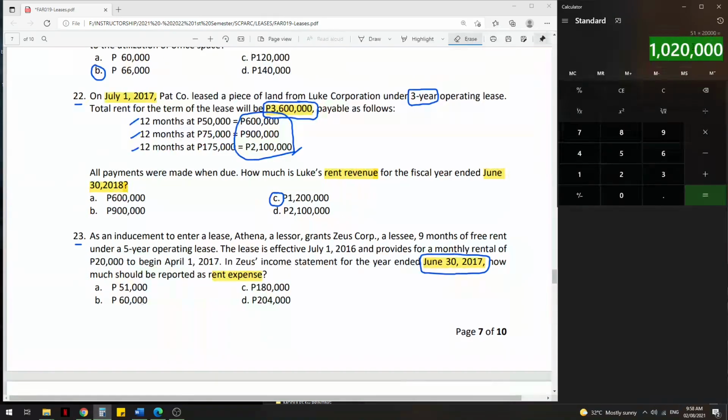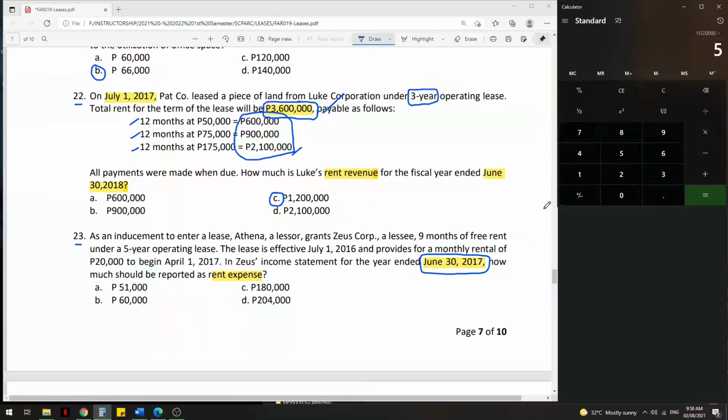Yan yung total. Kumbaga, sa problem 22 natin, that is the same component of 3,600,000 earlier. Pero again, 1,020,000 is for problem 23. What you will do with this rent expense total is you will divide that by 5, because again, you need to divide the rent expense proportionately throughout the lease term.